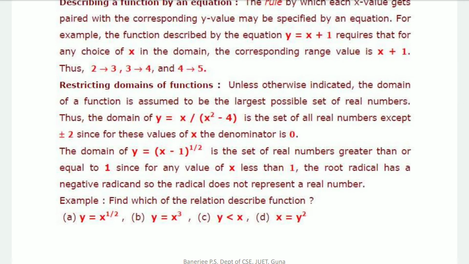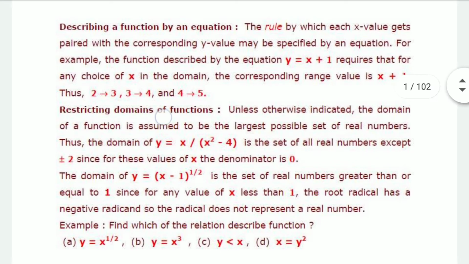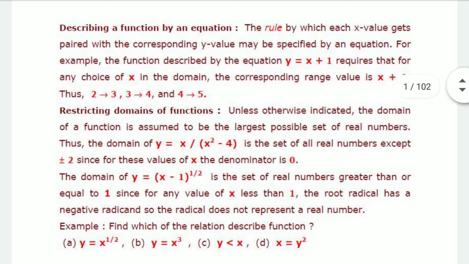Even though we follow certain rules, as stated here, there are certain restrictions and constraints for the domains of the functions. How are we going to put up these restrictions or constraints? Let us first consider what these restrictions are and what is the necessity of these restrictions.